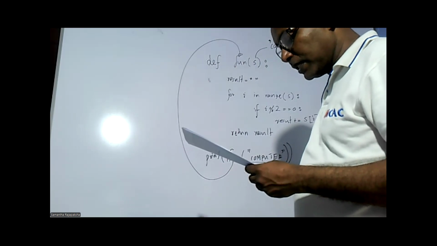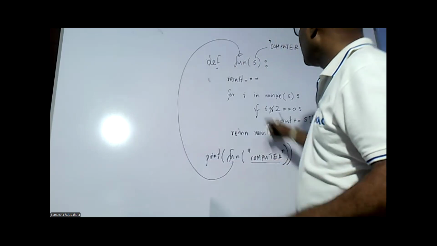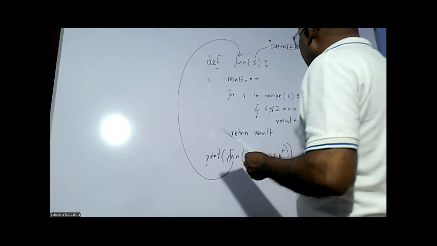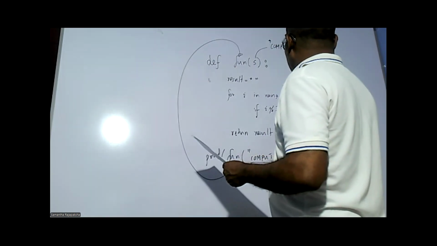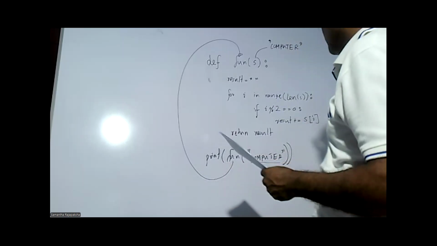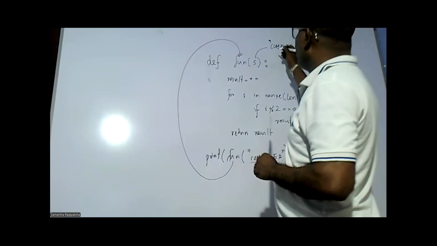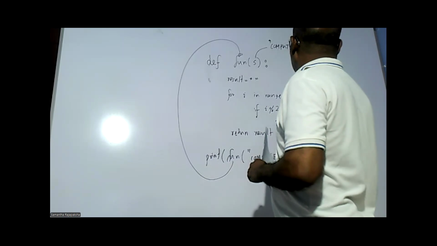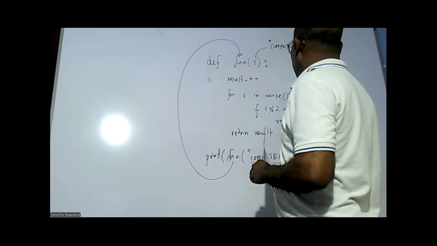This function, what it does, it goes for i in range length of S. Now you can see the length of this is, here we have how many characters? 1, 2, 3, 4, 5, 6, 7, 8. That means this one is range 8.